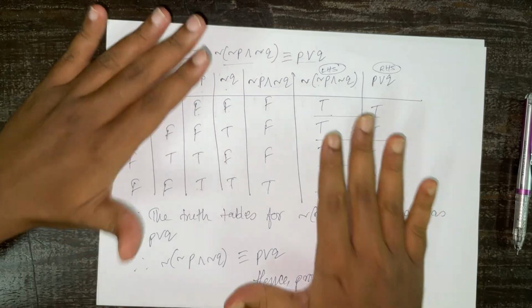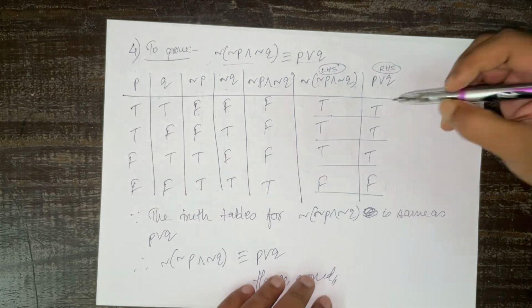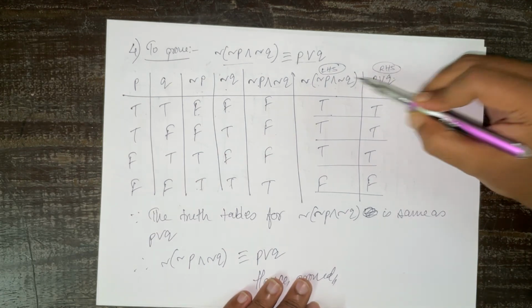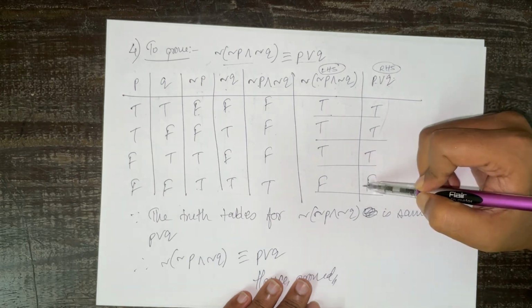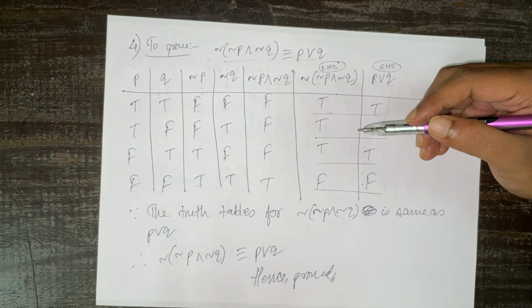Okay, so that is how you prove using truth table. So whatever you have to prove, you take them as LHS and RHS, and from here you have to prove that the LHS and RHS, these two parts have the exactly same truth table. Once you can do this, the part is proven. So that is how you use the truth table to solve.